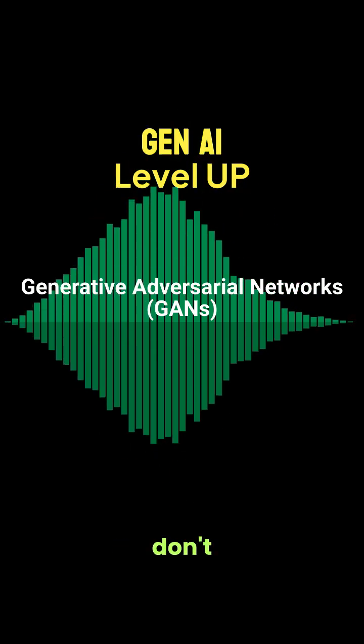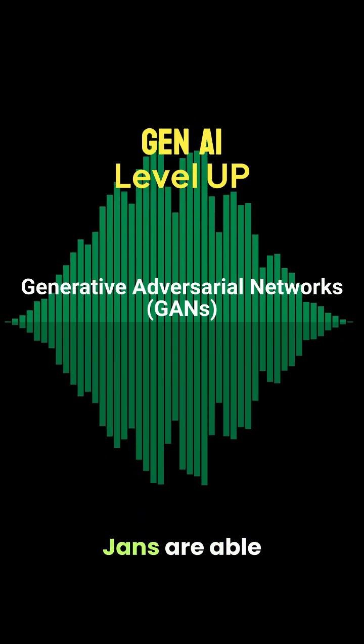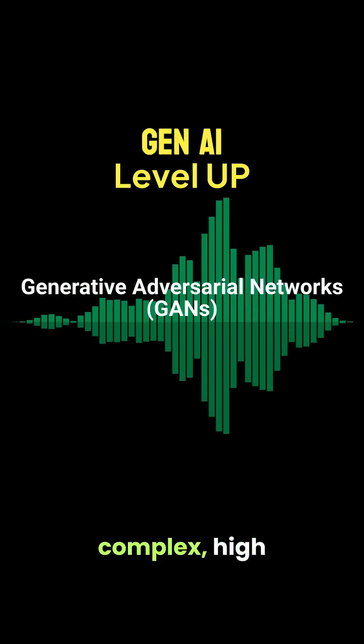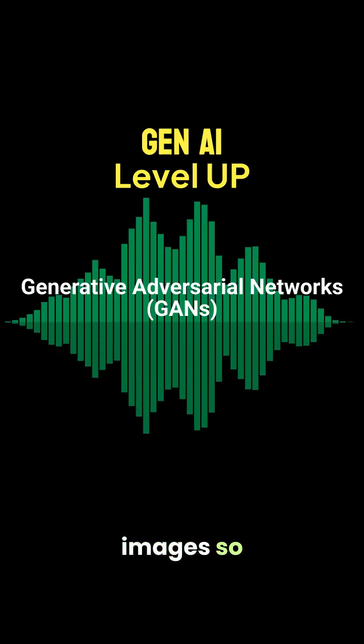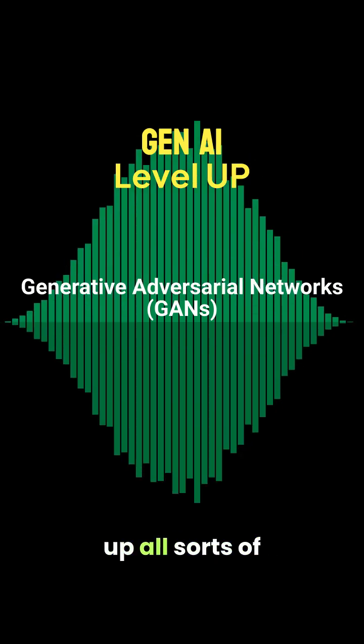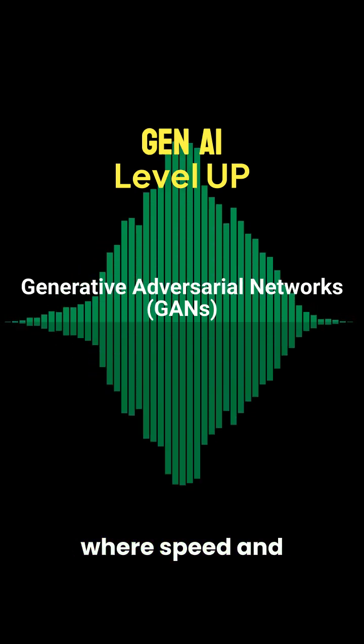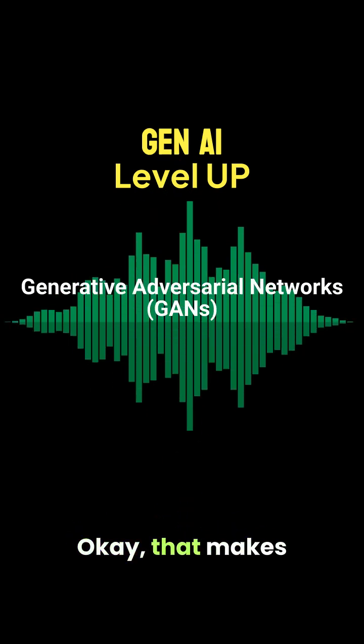GANs, on the other hand, don't rely on Markov chains, which makes them much more efficient and scalable. So that's why GANs are able to handle those complex, high-resolution images so effectively. Exactly. And this computational efficiency opens up all sorts of possibilities for using GANs in real-world applications where speed and scalability are critical.